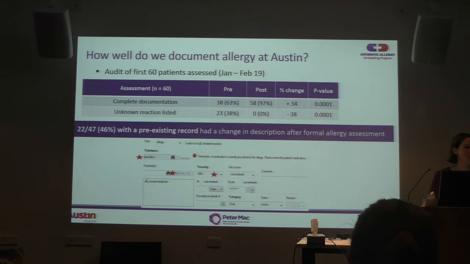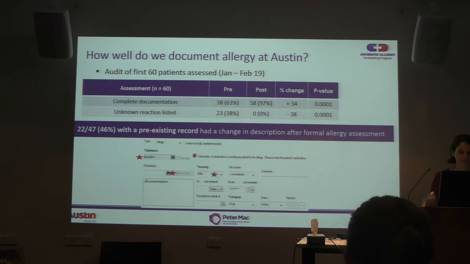So we did an audit of the first 60 patients that were assessed in the antibiotic allergy labelling program for the first couple of months of this year. We looked at whether the allergy documentation was complete. So we looked at whether they'd filled in the drug, had they filled in a reaction, and had they filled in the severity of the reaction. Was it mild or was it severe?